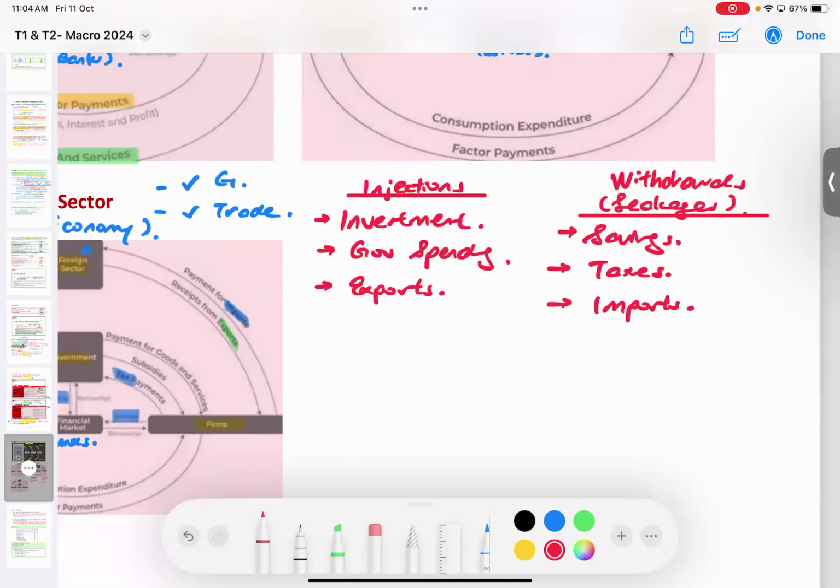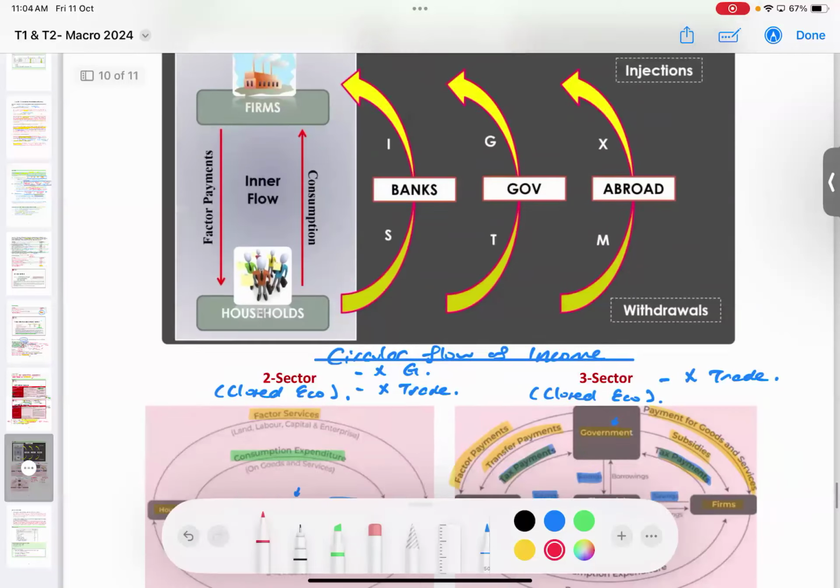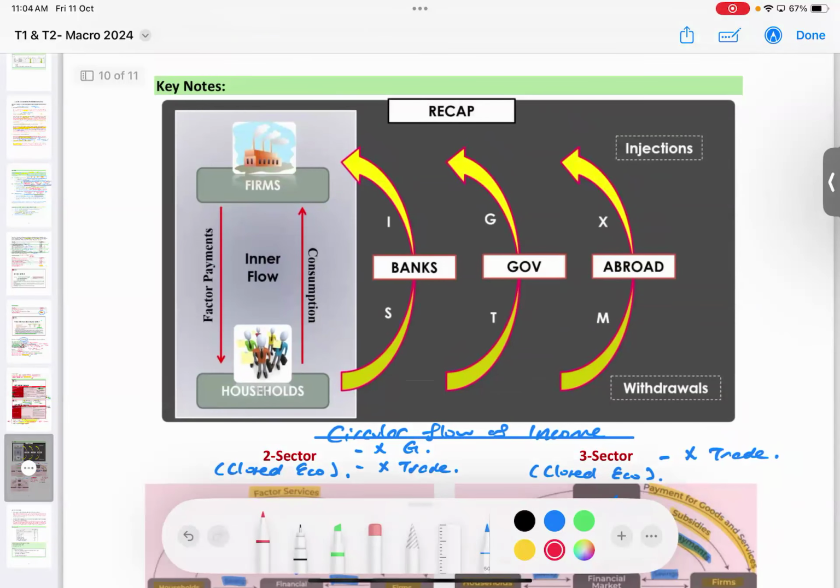If you want to see a clearer picture, you can see this simplified one. You have banks, you have government, and foreign countries abroad. So you can see saving, taxes, and imports are what we call withdrawal. When banks invest in the firms, government spends in the economy, and foreigners buy our exports, that's called injection.